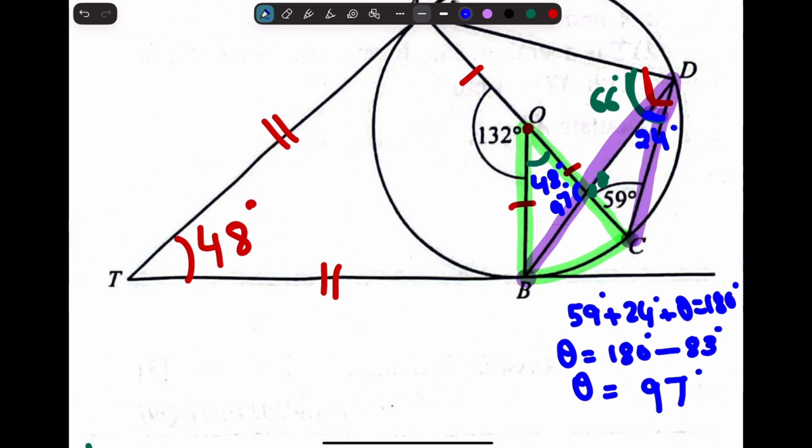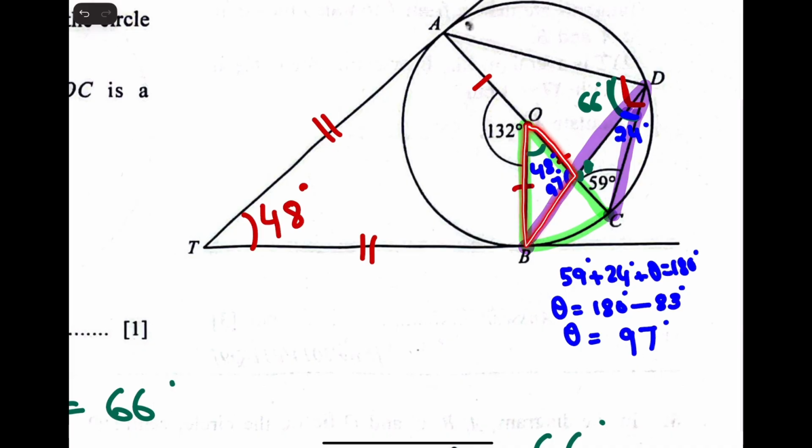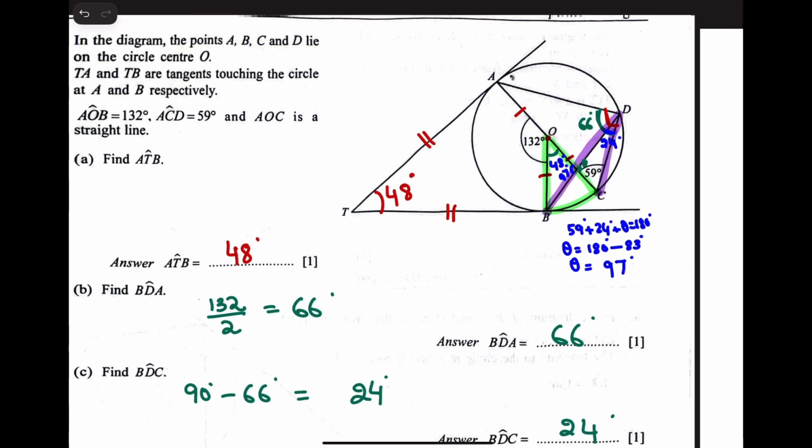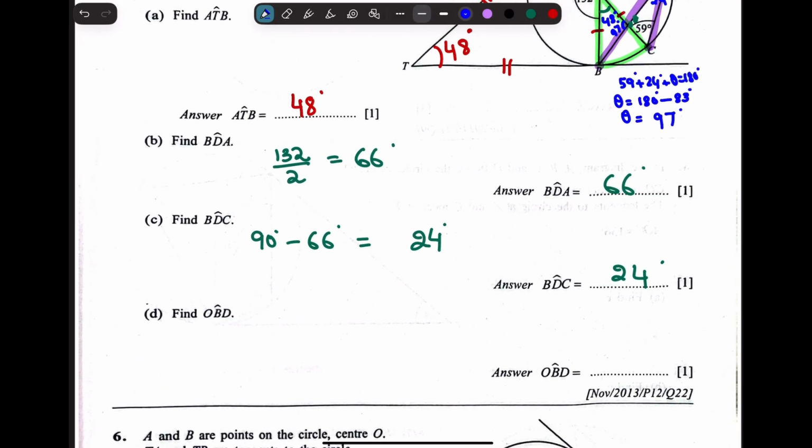Okay, so now can we find OBD? So look at triangle OB and this triangle. All right, so this is 48, this is 97. We can find out this angle, right? So angle OBD plus 48 plus 97 should be equal to 180 degrees.